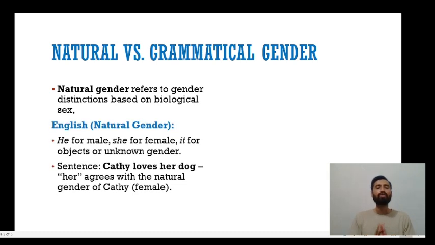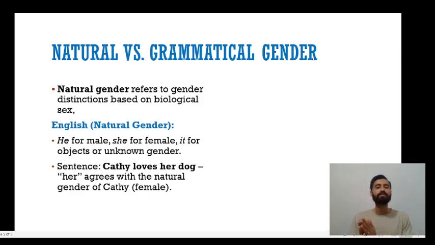In the English language, we have this distinction based on natural gender. We use he for male, she for female, and it for objects or unknown gender. This is how we categorize things on the basis of their gender.